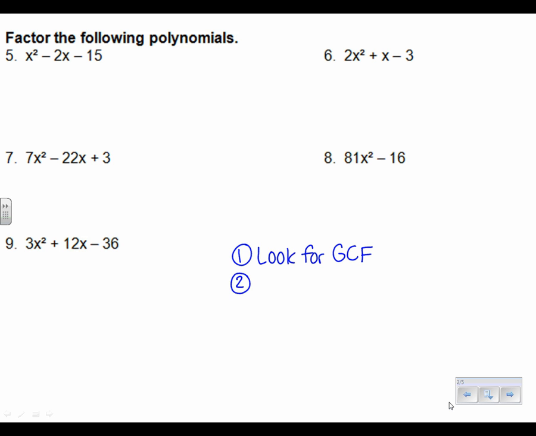Step 2, I have to ask myself, how many terms do I have? If there are 2 terms, I need to check for a difference of squares. If there are 3, there are 2 options. Sometimes I can do it mentally, and sometimes I have to use a longer method.